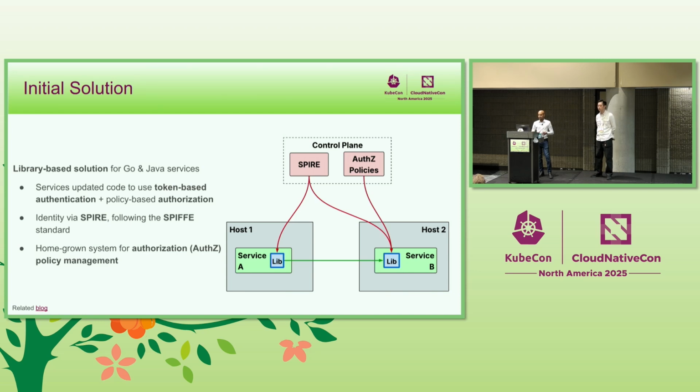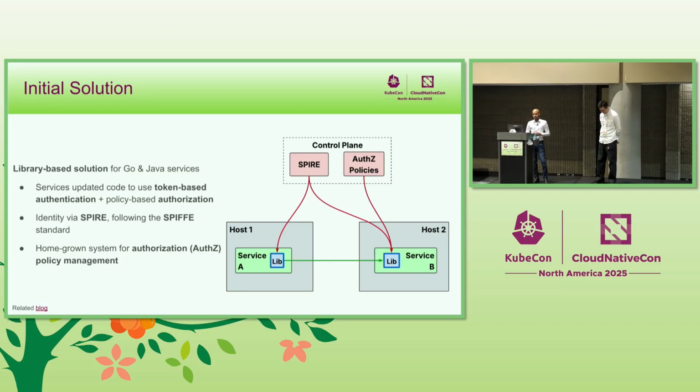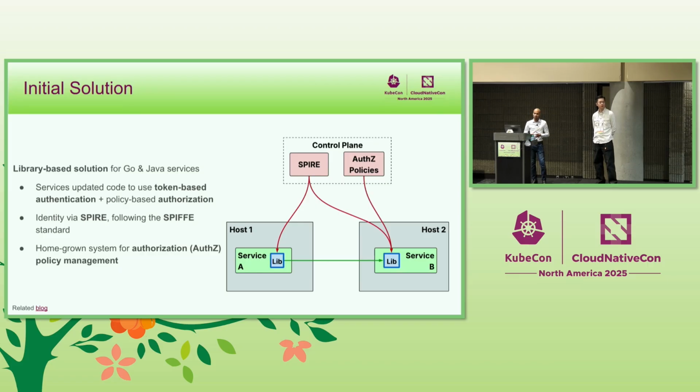And then the caller is extracted from the token, and we do authorization over there. To perform authorization, we have authorization policies put in a policy management system, which we have built in-house, homegrown. Similar to cloud IAM solutions, we have an authorization system for managing policies.